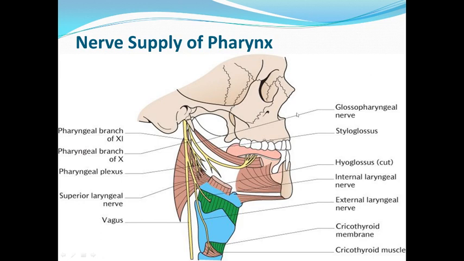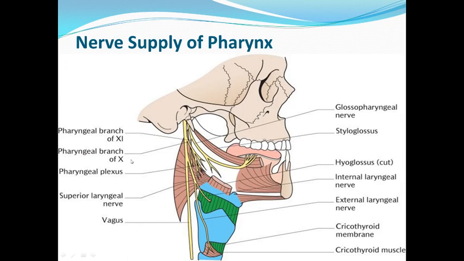Now talking about the sensory fibers, the sensory fibers or general visceral afferent nerve fibers will originate from the ninth cranial nerve, the glossopharyngeal nerve, and partly sometimes from the vagus too, the 10th cranial nerve.